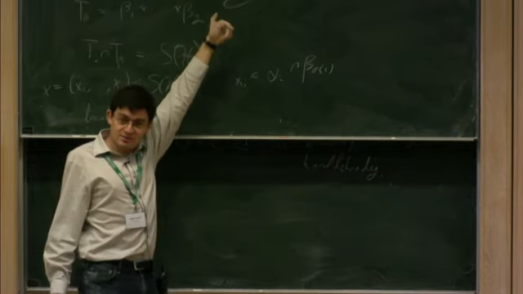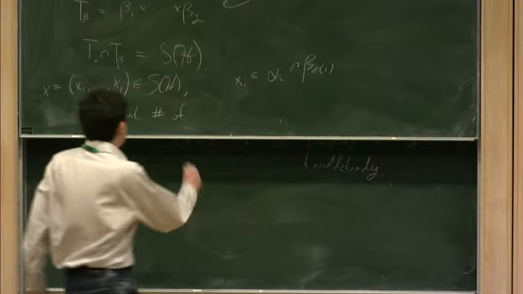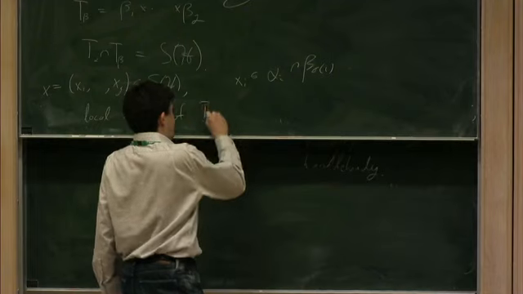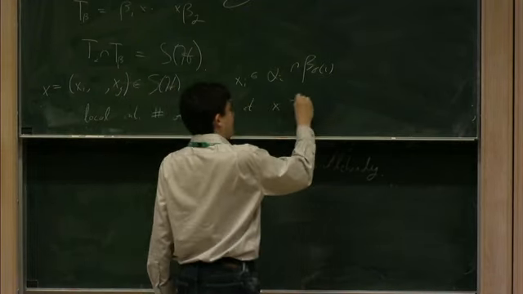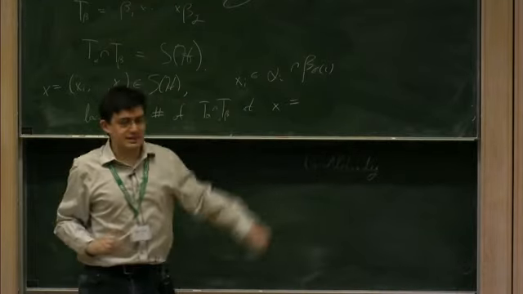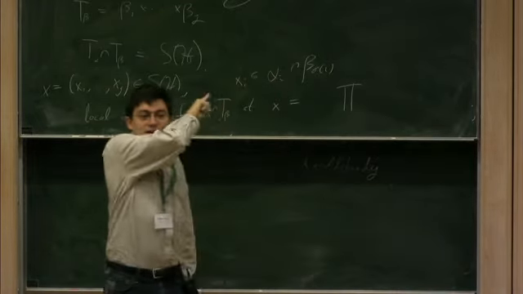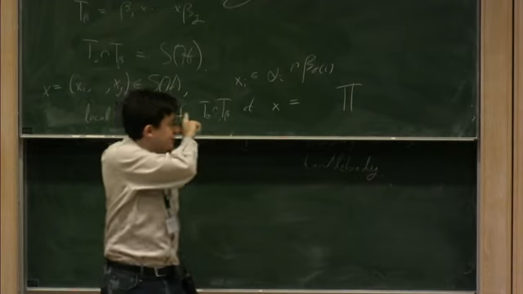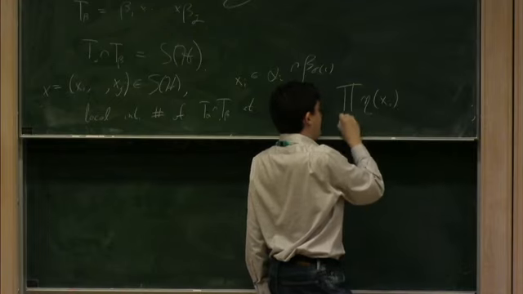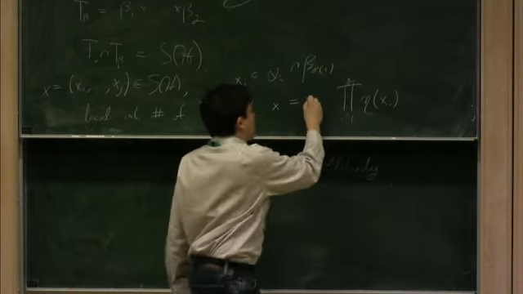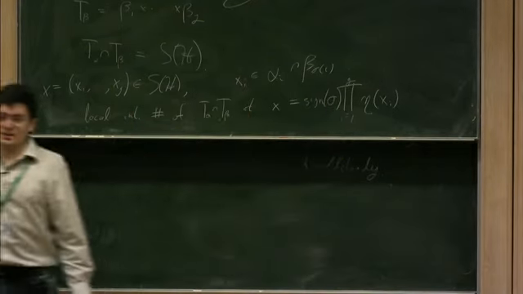If you swap the order, you change the orientation. So the local intersection number of T alpha and T beta at x, I claim, you can work this out, is going to be the product of the local orientation numbers, which I called eta at xi, times the sign of the permutation.